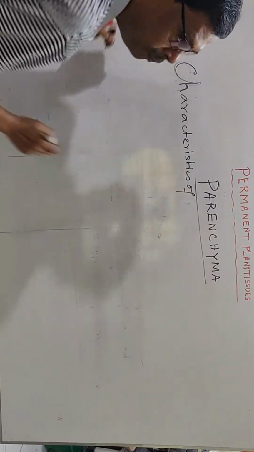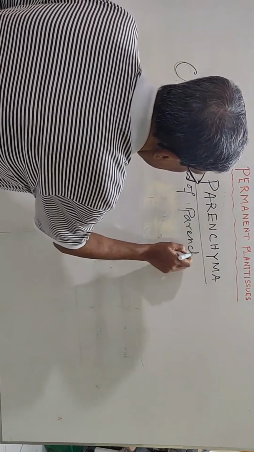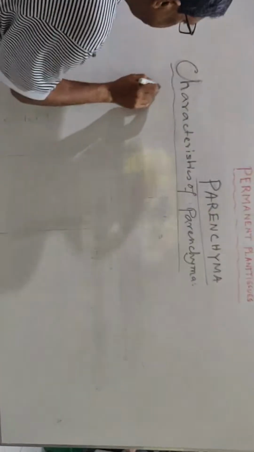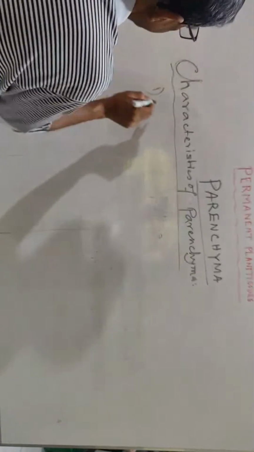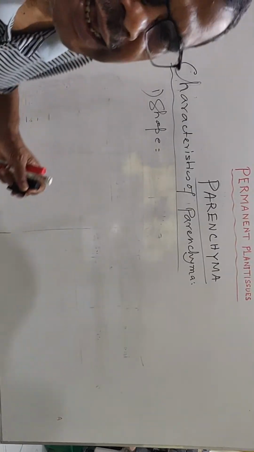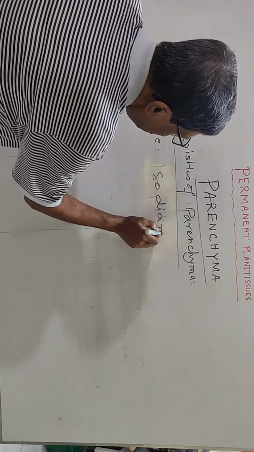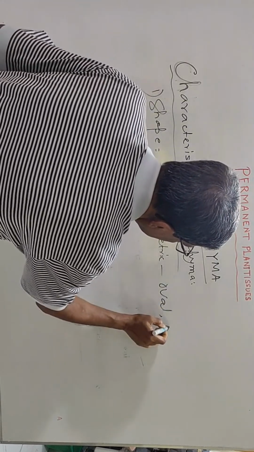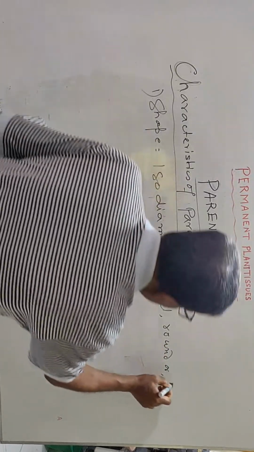First of all, size or shape: mainly isodiametric. It may be oval, round, or polygonal.